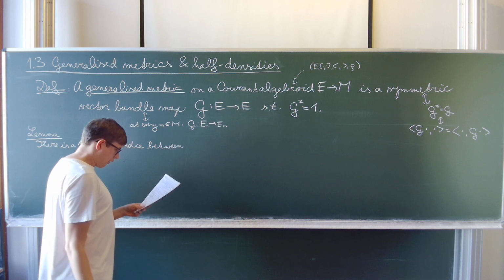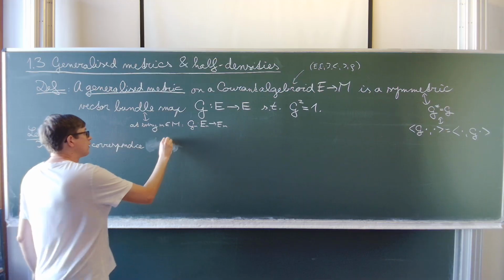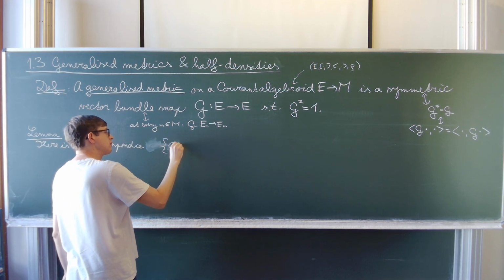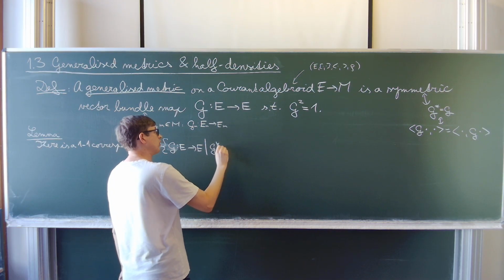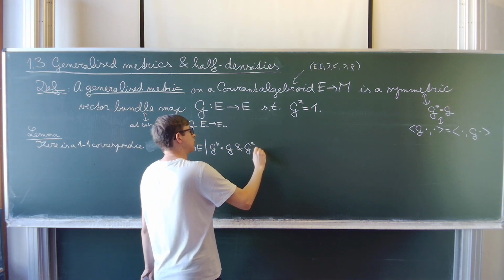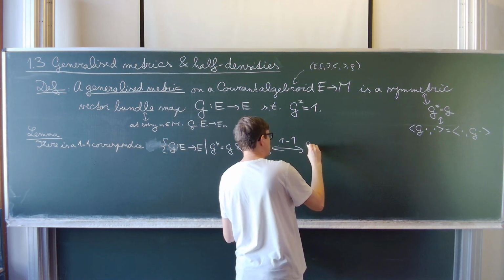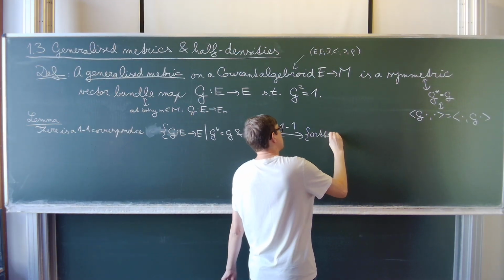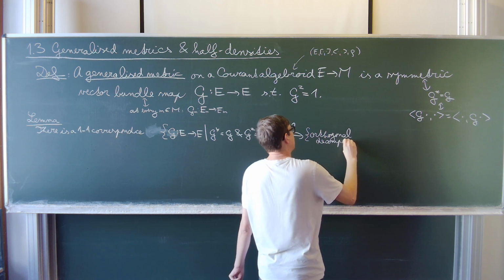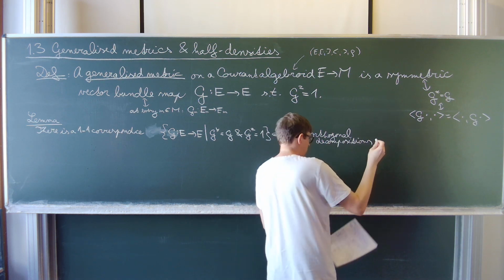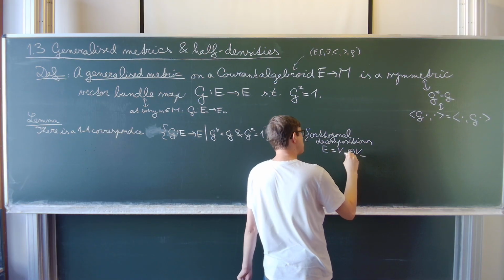The correspondence is between such maps, generalized metrics, satisfying this and squaring to 1, and orthogonal decompositions of E into the sum of two subspaces.